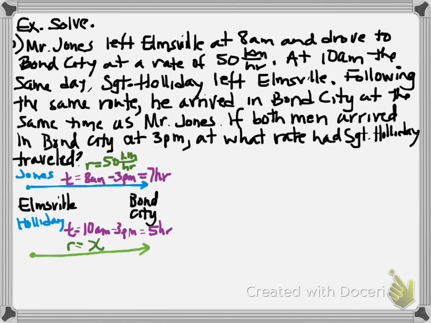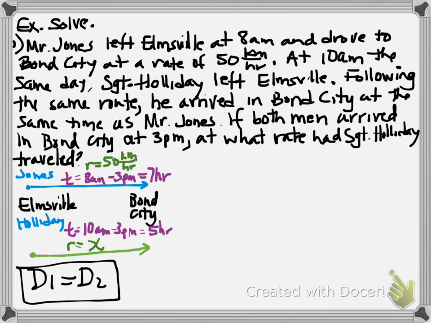Same route, leaving from the same city, arriving in the same city at the same time. So, of the two possibilities, are the distances the same, or do they add up to equal some distance number given in the problem? Same distance. Now notice, there wasn't a single question or answer number given to us that said a distance label. We had rate labels, we had time labels, but we did not have distance labels. So we couldn't use that second scenario.